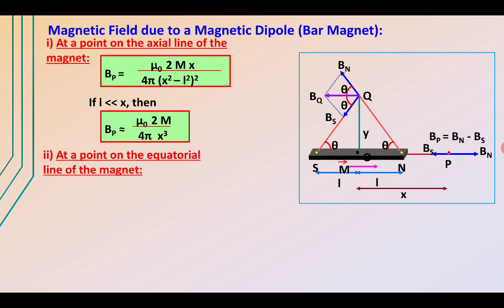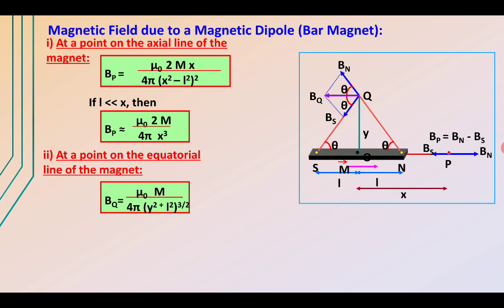We consider the horizontal components and ignore the perpendicular components, as they cancel out for both Bn and Bs. So the net magnetic field at point Q on the equatorial line of a given bar magnet is BQ equals mu naught upon 4 pi, m upon (y square plus L square) to the power 3 by 2.